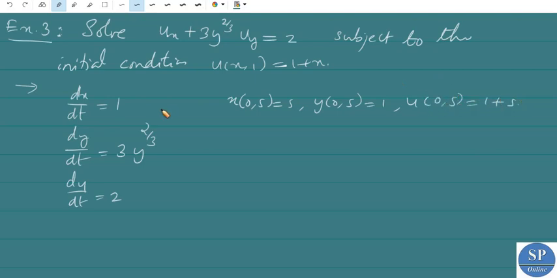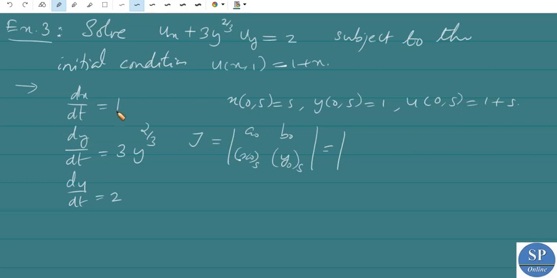Now, what about the Jacobian? The Jacobian at the point t = 0 is the determinant of a0, b0, dx0/ds, dy0/ds.